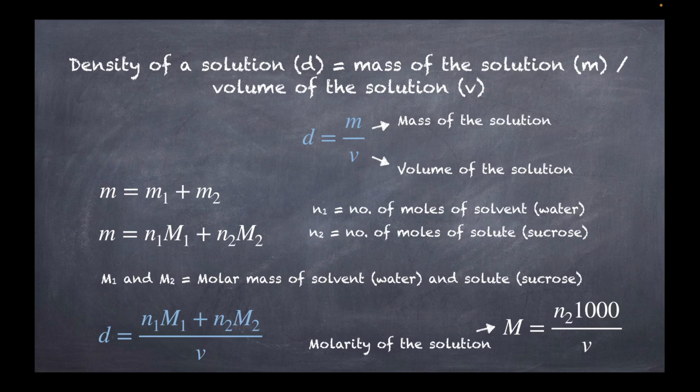Now we have to find chi1, that means the mole fraction of our solvent, that means water, in the solution. To find chi1 we have to start with the density.